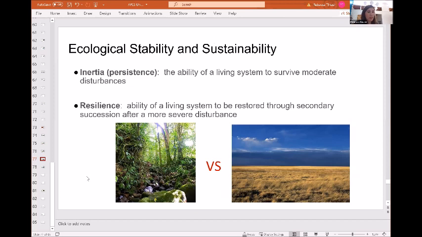Now, some things that are important with ecological change during succession is whether or not the living system can moderate these disturbances and how fast they can bounce back from being disturbed. So typically a resilient environment is going to be like a grassland.